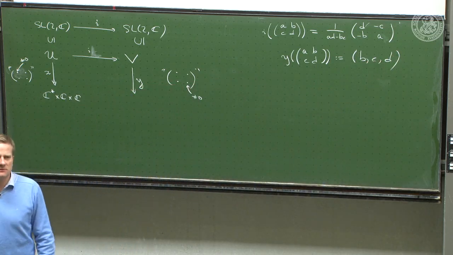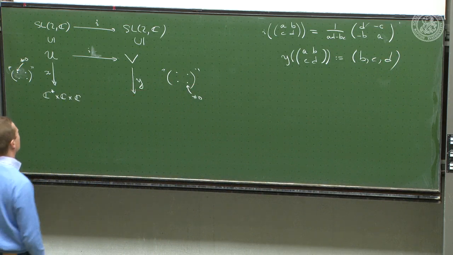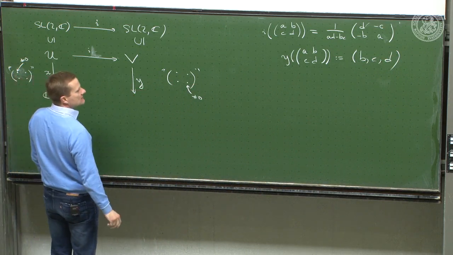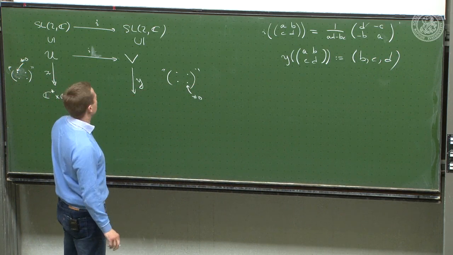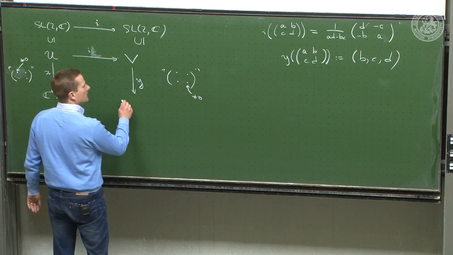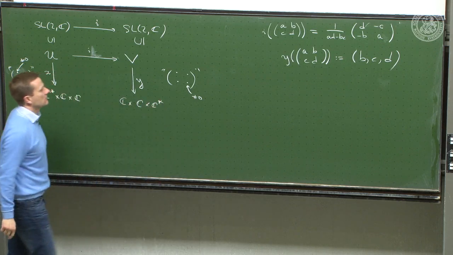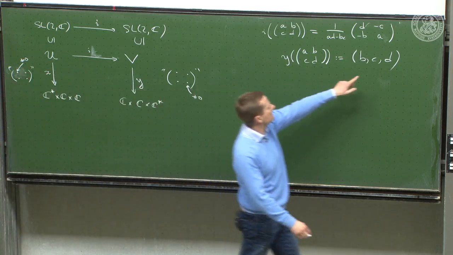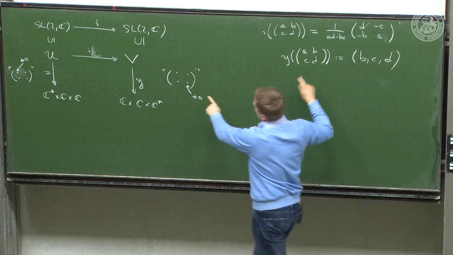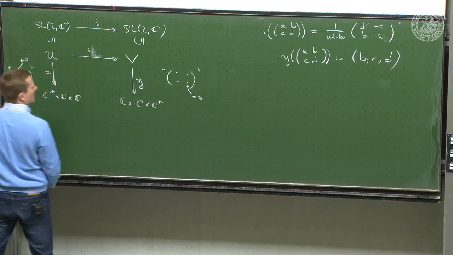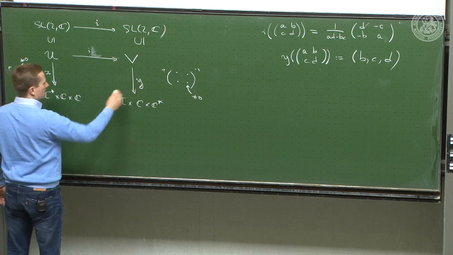Can you quickly check your notes? That's what we did, no? Okay, so fine. So that means that guy goes into C, C, C star, because now it's the D here, the lower right, that is non-zero, so that goes to here. So chart here, chart here.